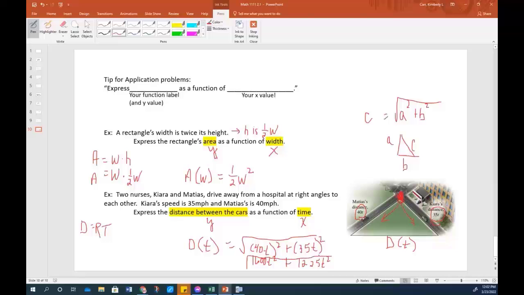So 1,600 plus 1,225 is 2,825 t squared. Which means if you knew how long they traveled, this would be the equation you plugged it into. So this is your function of time.